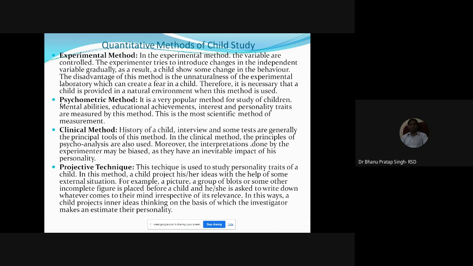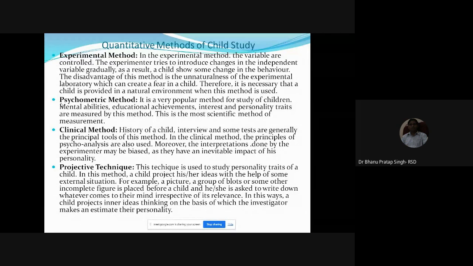He takes some questions in the form of an interview, some tests, and the tests are standardized as said. The difference between the psychometric method and the clinical method is that the psychometric method may be used by teachers, principals and educators, but the clinical method is used by doctors and psychologists in the clinics.